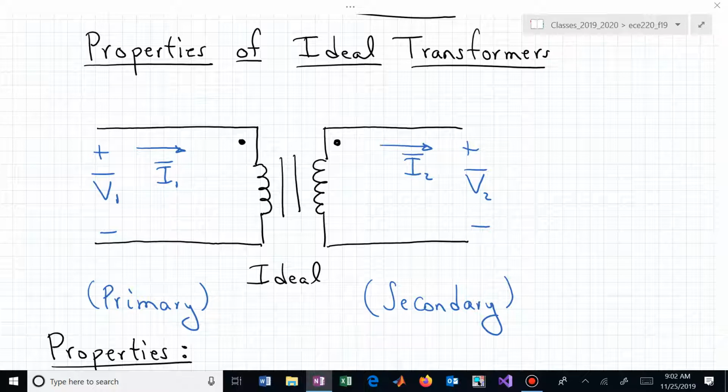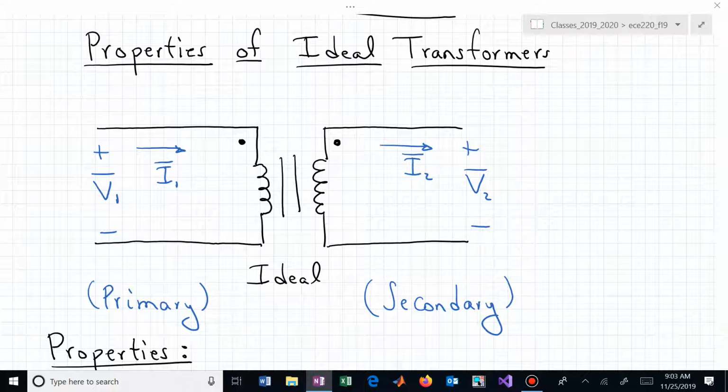Here's the schematic of the ideal transformer, and we're basically distinguishing it a little bit from coupled coils by these 2 straight lines between the coils, which indicate we are connected through some kind of maybe iron material as the core material that these coils are wound around. And we'll have a primary side, we'll have a secondary side.